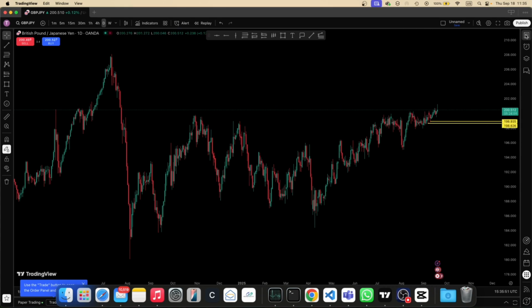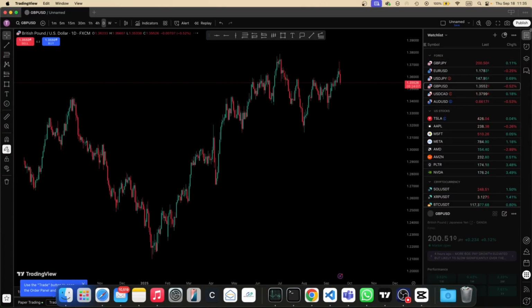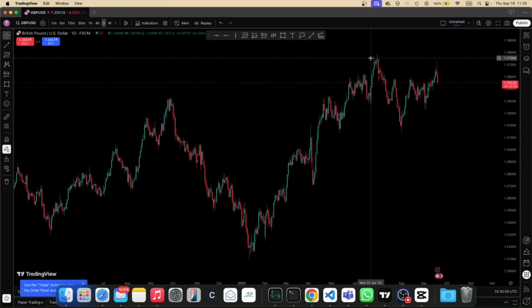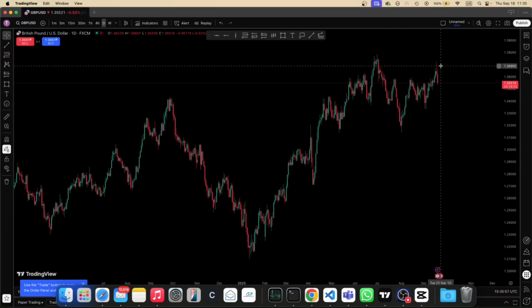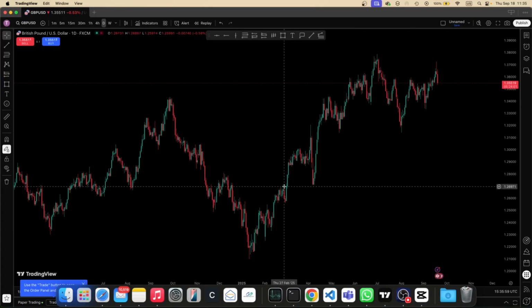Or maybe let's say you go to GBP USD and you feel that at resistance you can immediately take the trade because the response is very quick or something like that, depending on what you are using and how you're trading.